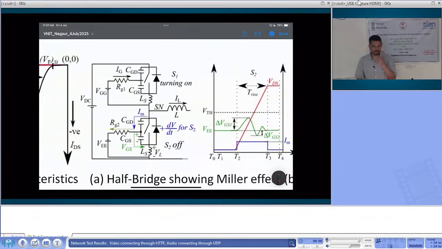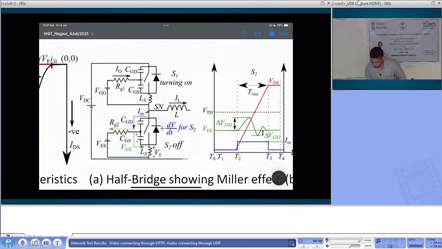Before I begin, have you heard of a term called Miller turn-on? If this is the node, and your top switch is off, and the bottom switch is also off, that means you are in the dead band region, where both switches are off.